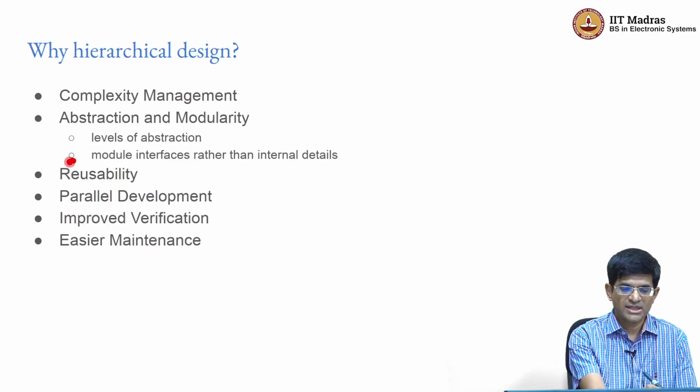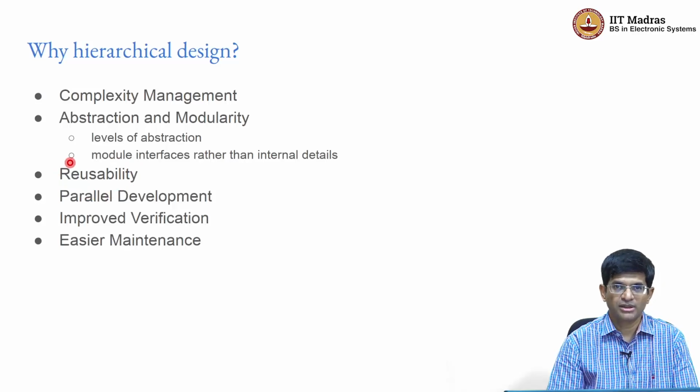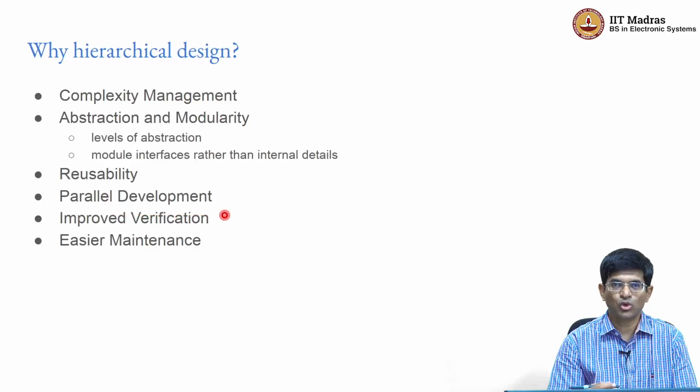This also enables reusability of code, because we now have abstract interfaces, and let's say that you upgrade your CPU, the rest of your interfaces may remain the same. It enables parallel development for the simple reason that now that we have broken these things down into separate units, it's no longer one person who is the bottleneck.